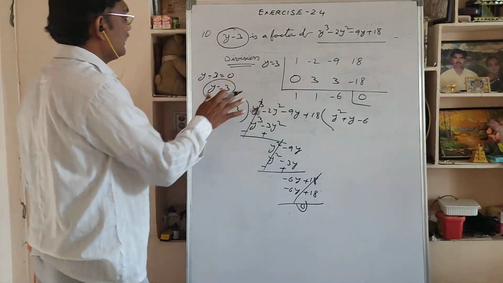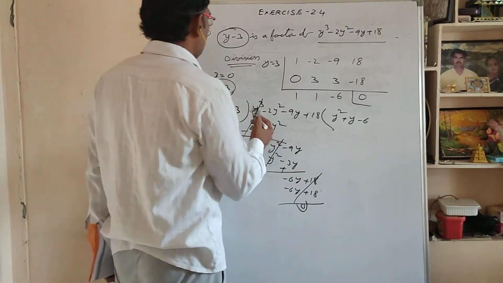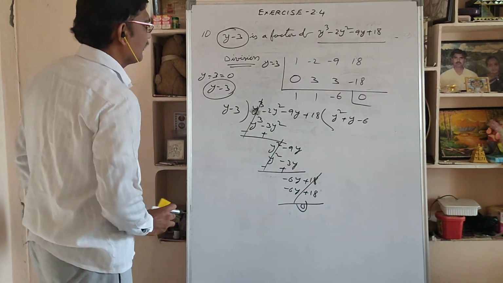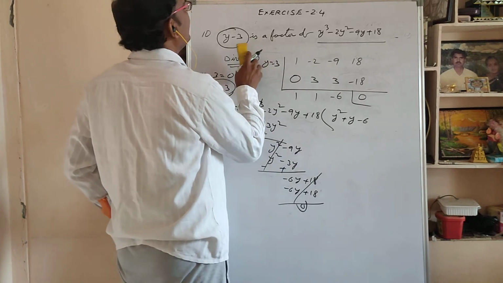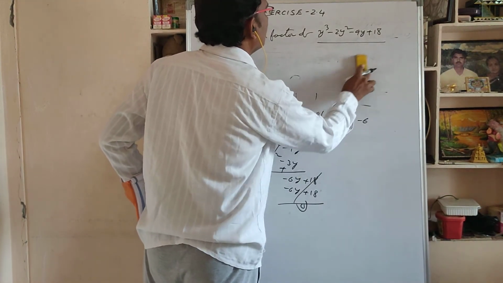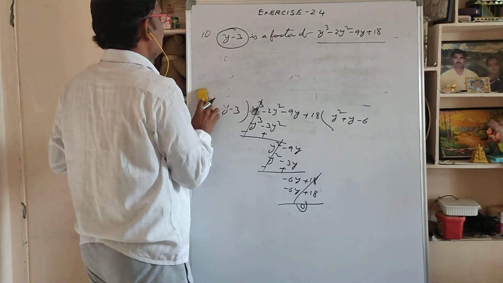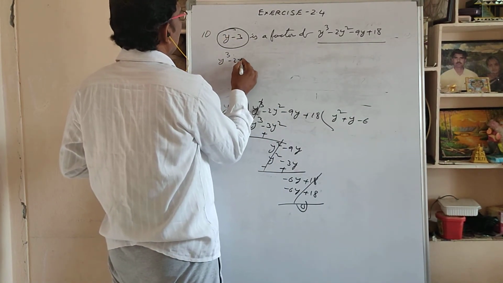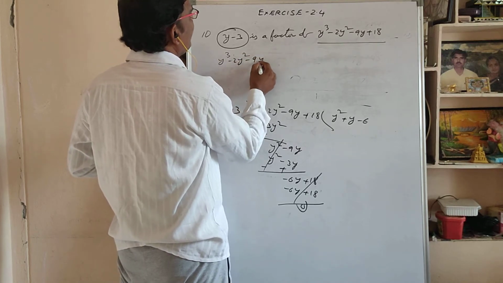So, by doing this, what you got is, so I am writing here. So, what you got I will write here. A cubic polynomial is equals to, means what is the cubic polynomial? Y cube minus 2y square minus 9y plus 18.